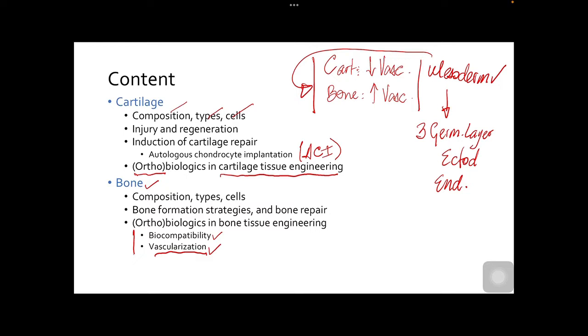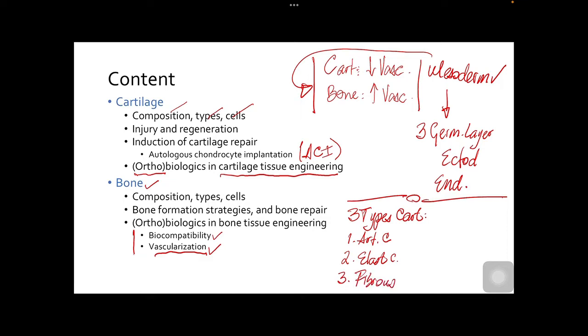So when we talk about cartilage, there are actually three very specific types. One is the articular cartilage. The second one is the elastic cartilage, and the third is the fibrous cartilage.